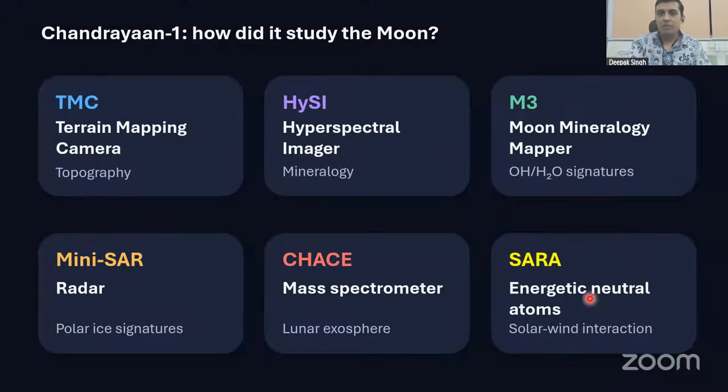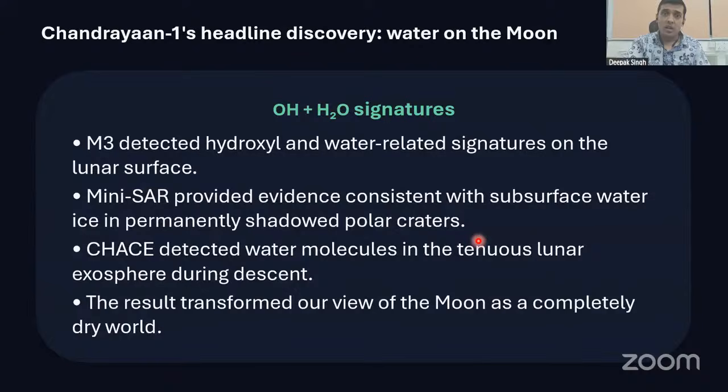This is what we learned from HySI. Then the Moon Mineralogy Mapper, M-Cube, gave us this water signature, and M-Cube was a US instrument, not ours. TMC was the Terrain Mapping Camera, that was ours. Then we also had a radar, a mass spectrometer, and energetic neutral atoms. So you basically want to study everything: topography, meaning the surface features, polarization, lunar exposure, and solar wind interaction. All that we have studied with Chandrayaan 1. It was a very successful mission.